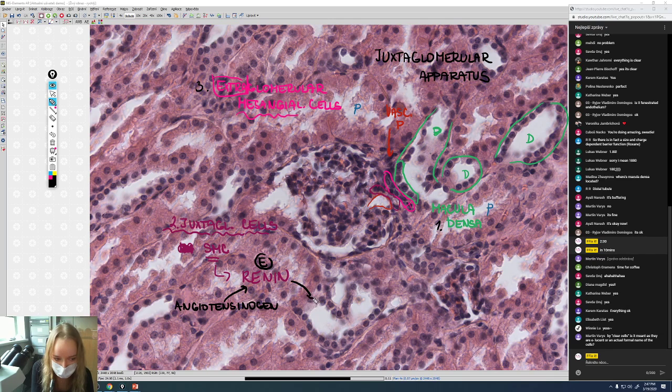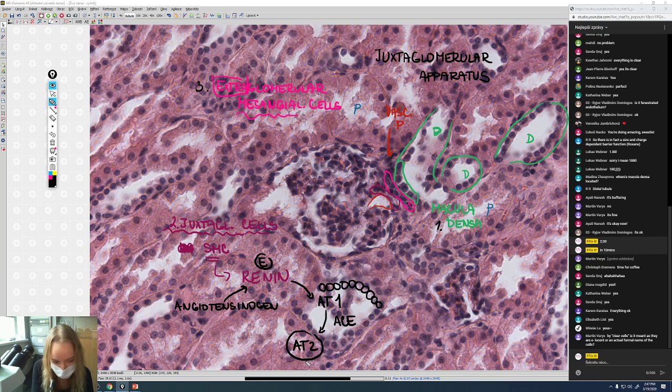From angiotensinogen we get angiotensin 1, which is made of 10 amino acids, so it's a short peptide. And this short peptide is cleaved by angiotensin converting enzyme to angiotensin 2.